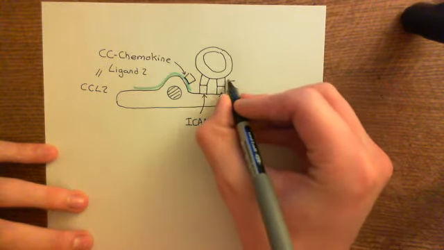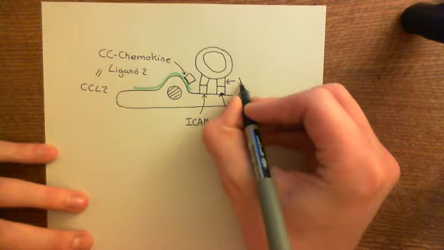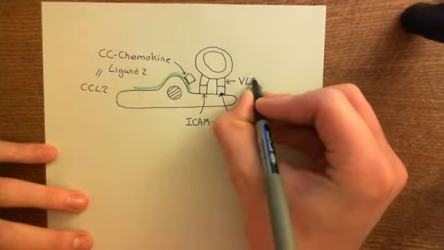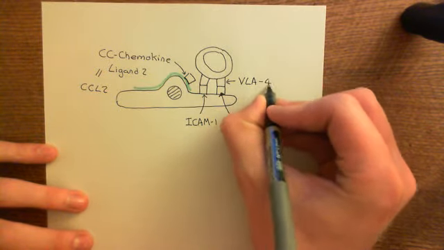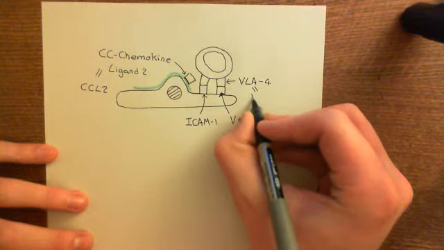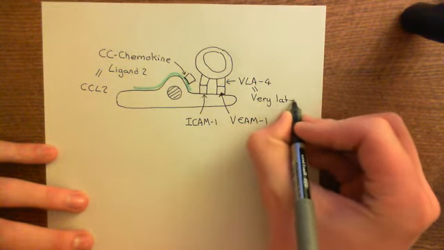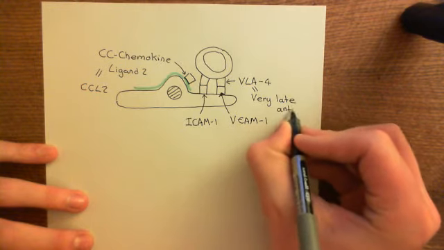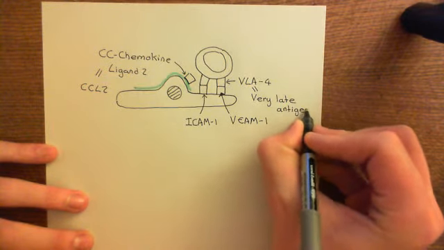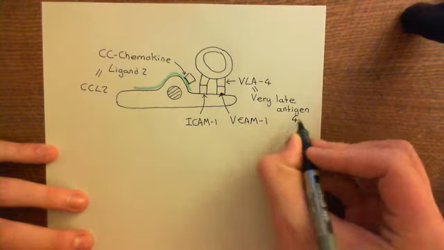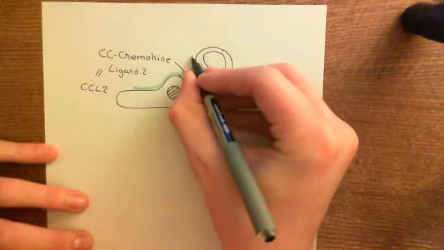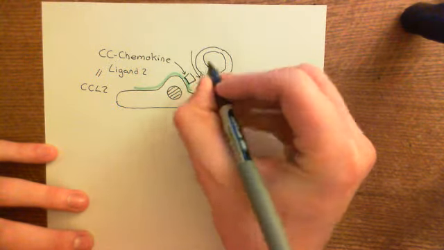So the ligand for VCAM1 is what's known as VLA4. VLA4 stands for very late antigen 4. And then the ligand for ICAM1 is what's known as LFA1.